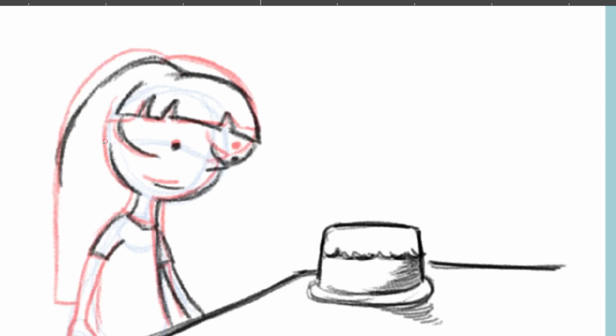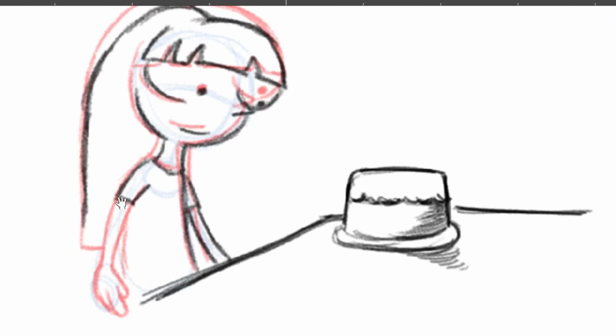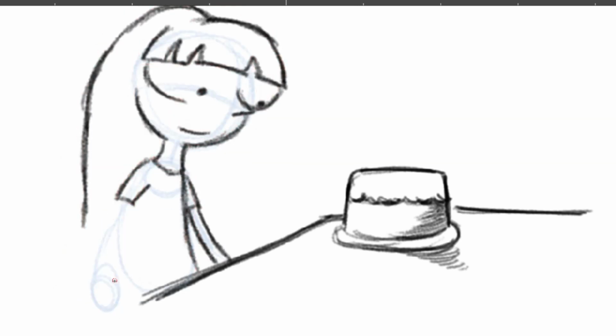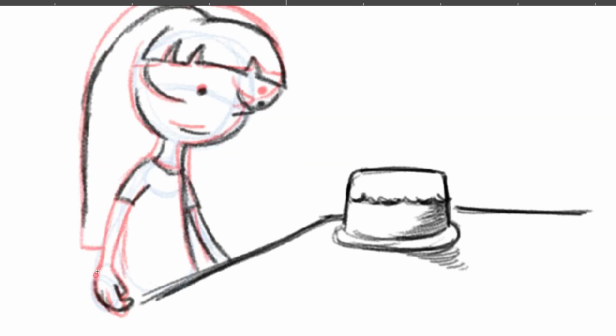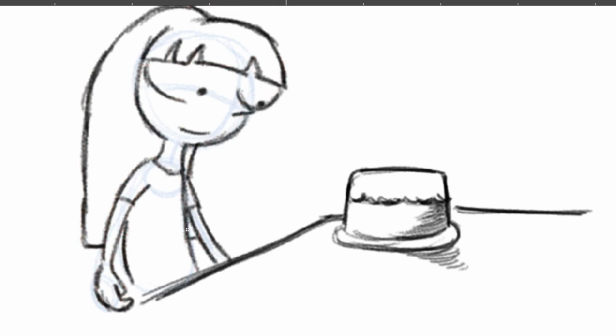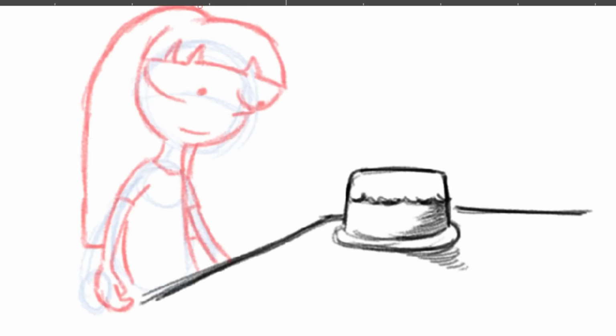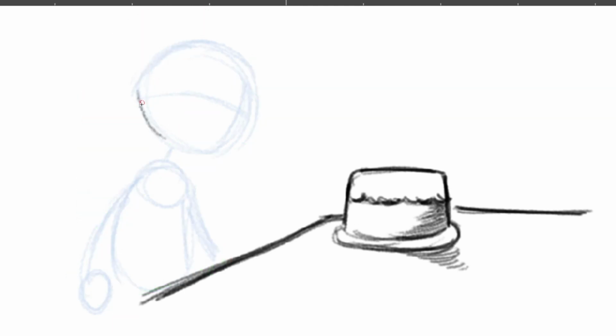But it was something that once I was flicking through the book, I saw a couple of times, and I was like, you know what, I can actually use that. Because if I just go off of sort of model sheets and references, it kind of makes it look like she never opens her mouth that much, so you don't ever try it. So yeah, that's one of the very useful things to have.